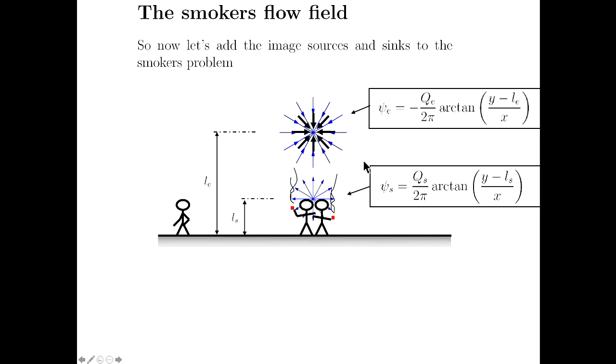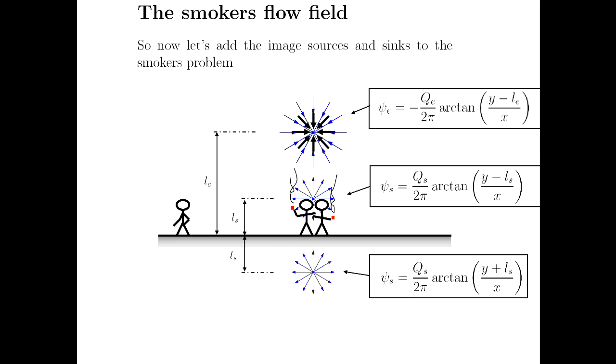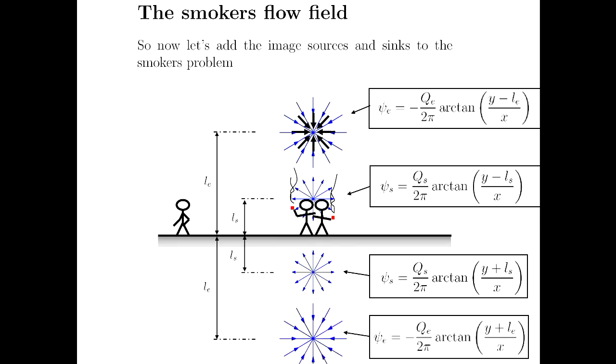How many images do you think you need? 2, right? Very good. You need one image for the source and one image for the sink, and they have to be located below, exactly opposite to your source and sink.